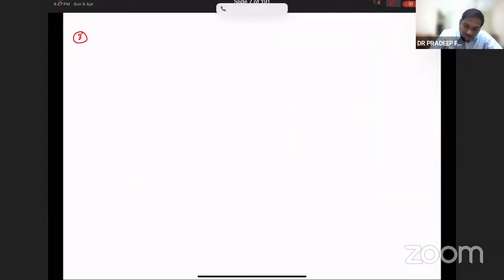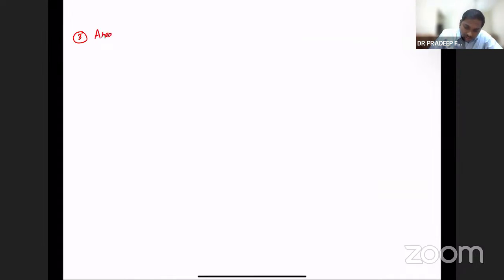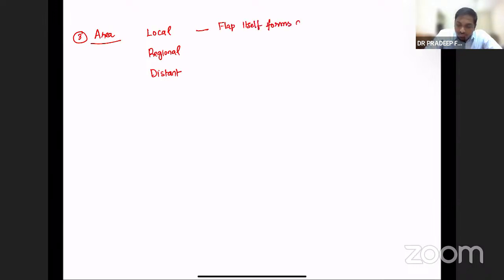Then based on the area it covers, it can be local, regional, as well as distant. Local means the flap itself forms a side of the defect.